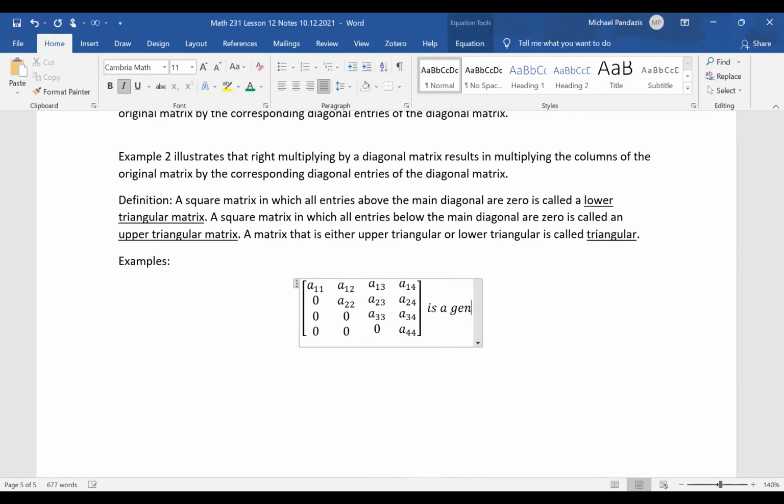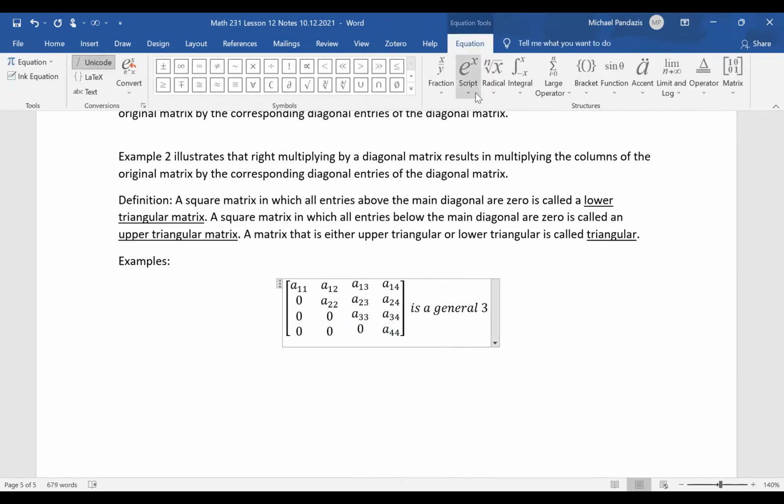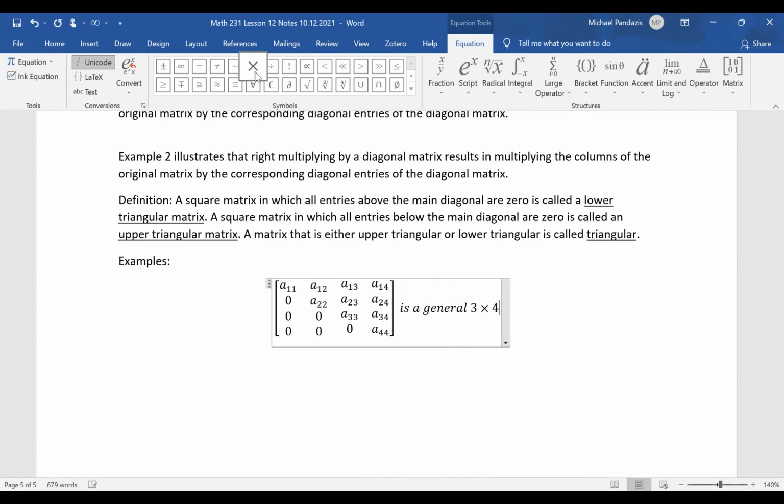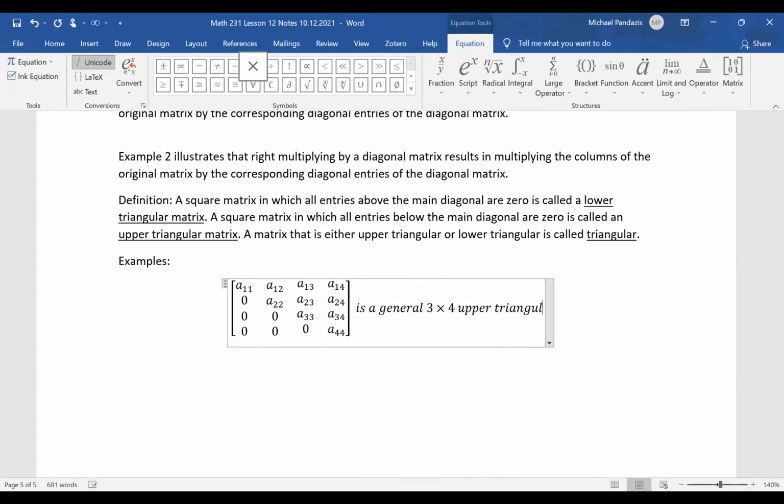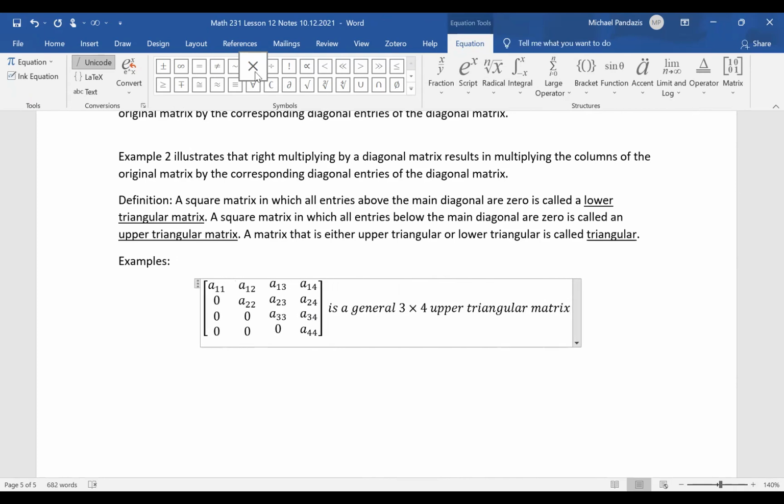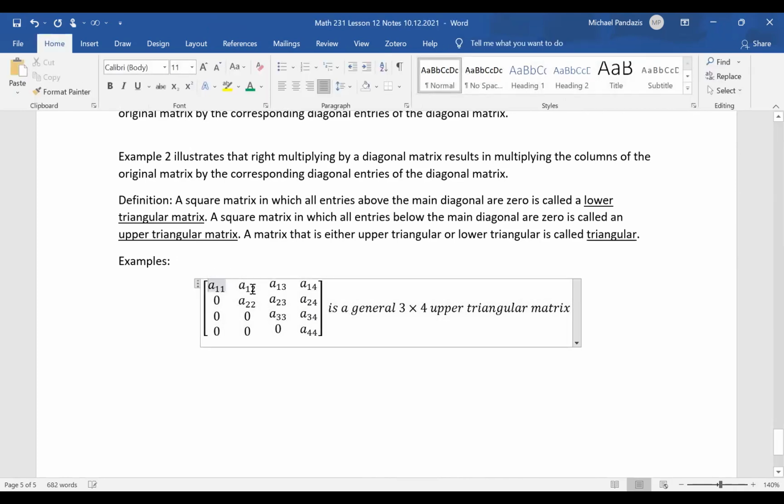This is a general 4x4 upper triangular matrix. It's a general one because instead of putting numbers in these entries, I'm putting variables, right? These could be any values, but the other ones have to be 0 because it's an upper triangular matrix.